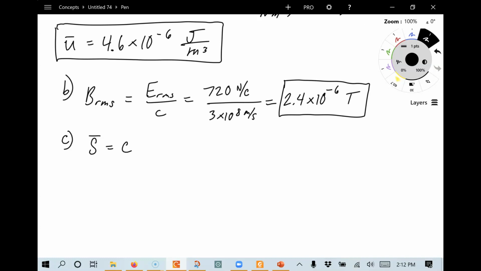So C, the speed of light, times the average energy density, that's going to be 3 times 10 to the 8th meters per second, multiplied by our value for the average energy density.